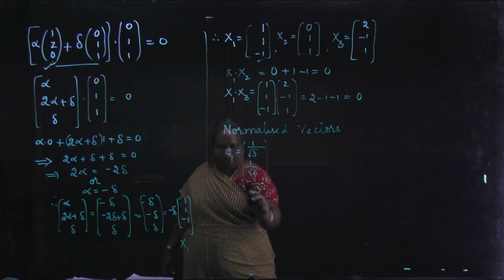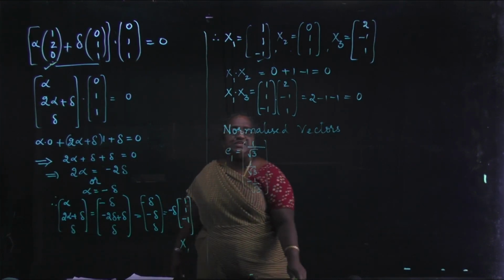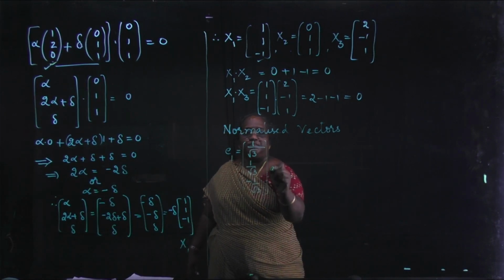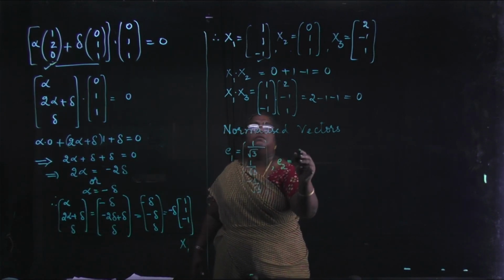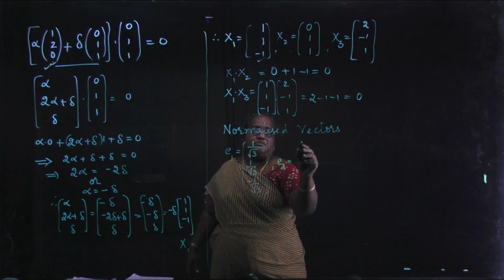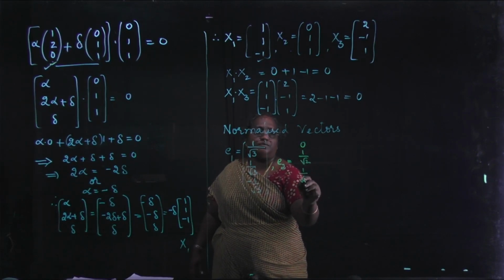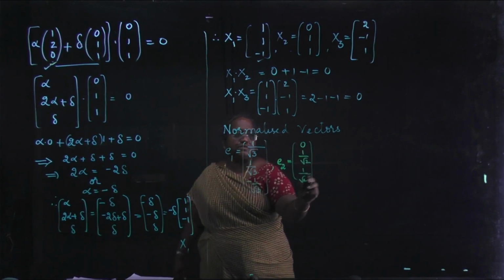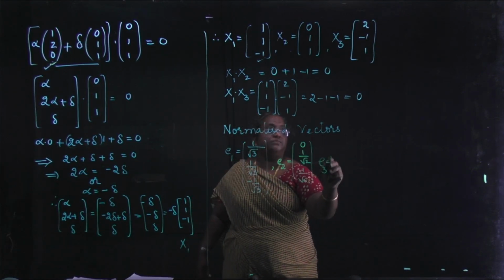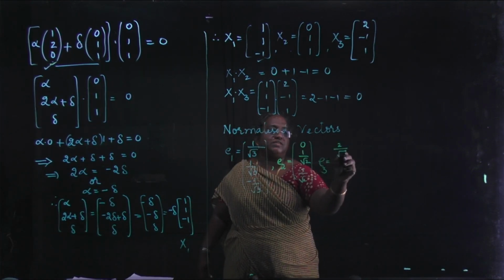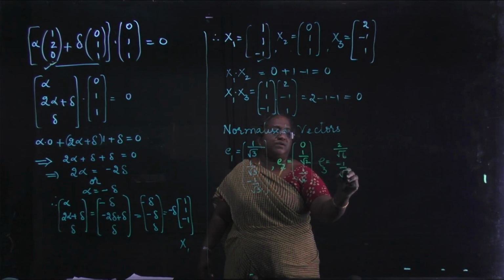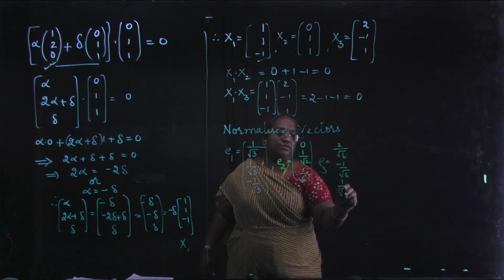Similarly, E2 is equal to 0, 1 by root 2, 1 by root 2. Next, E3 is equal to 2 by root 6, minus 1 by root 6, 1 by root 6.